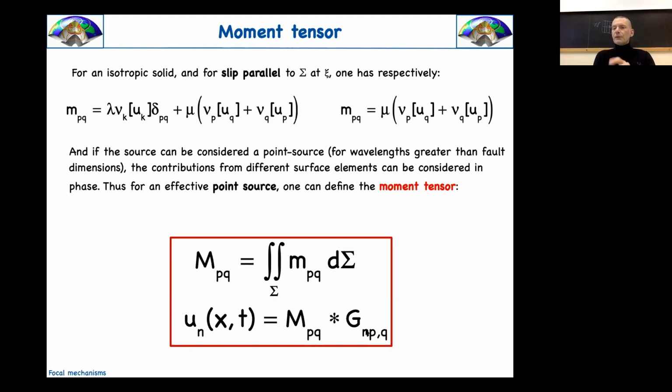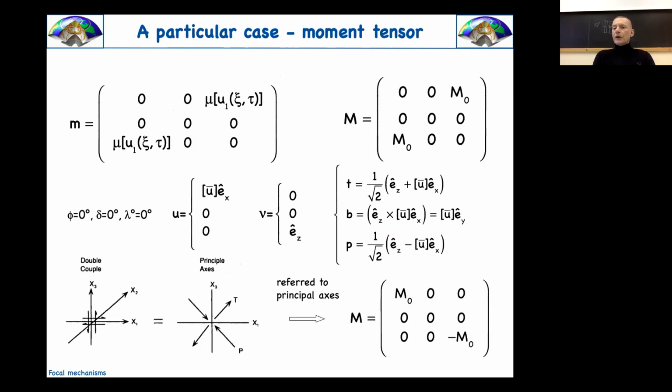What about the Green's function? Okay, and this is the sketch, the final sketch that we used at the end of the representation theorem. A rupture on a fault plane can be represented by a moment tensor, a very simple one. We can diagonalize it like this.